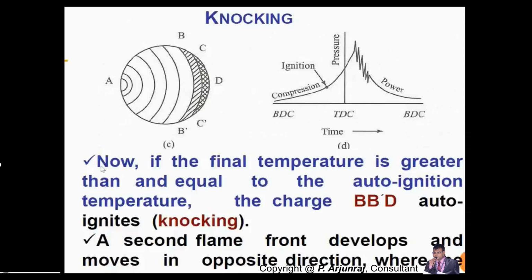When the flame travels from A to D, you follow my cursor now. The flame is traveling from A to D, but before it reaches a certain point, auto-ignition or self-ignition temperature will be reached. As a result, the spark plug will ignite.